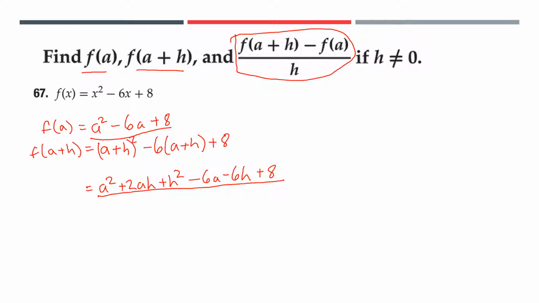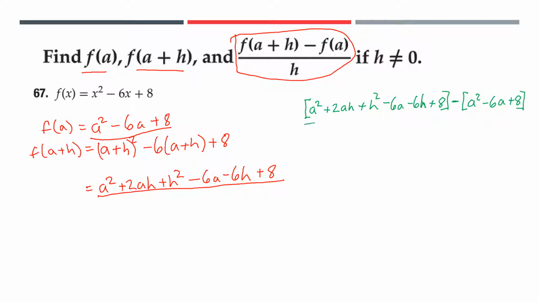Now I'm going to change my pen color, and we are going to work through the other problem, this difference quotient. So let's start up over here on the top, and I'm going to start by plugging in this value. So we just found this, a squared plus 2ah plus h squared minus 6a minus 6h plus 8. And then I need to subtract a squared minus 6a plus 8.